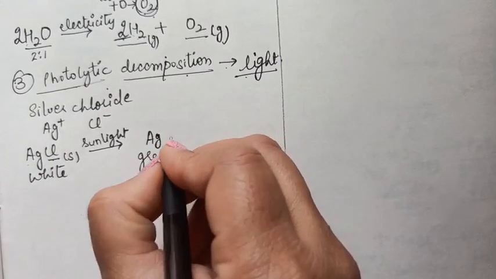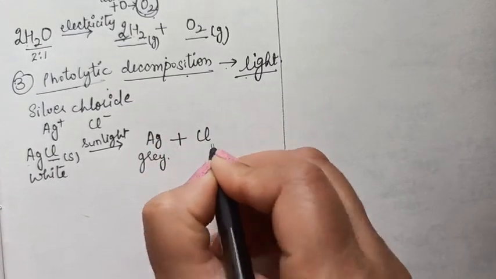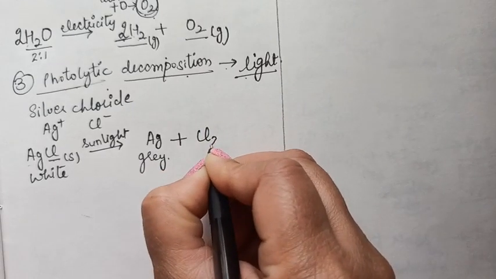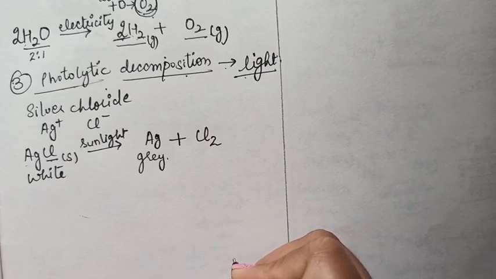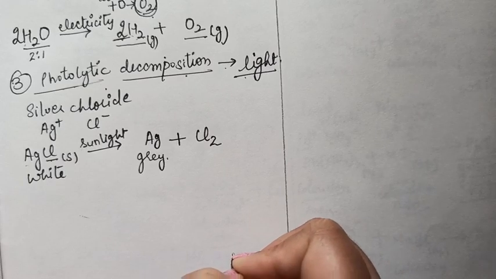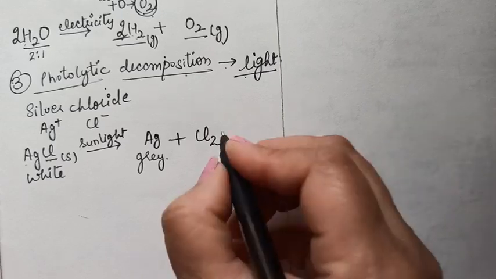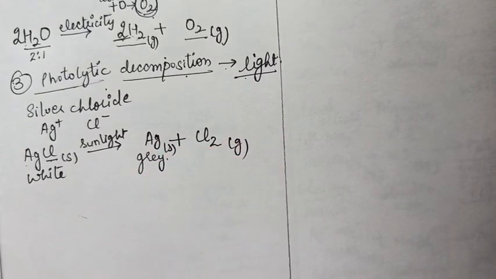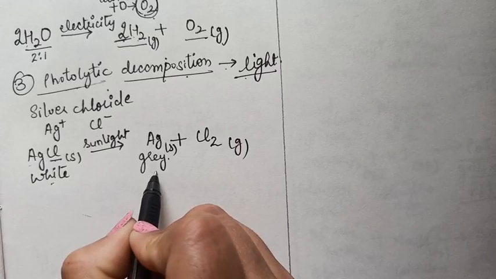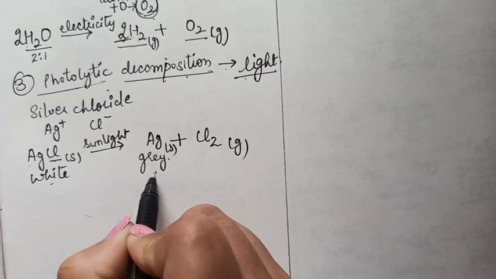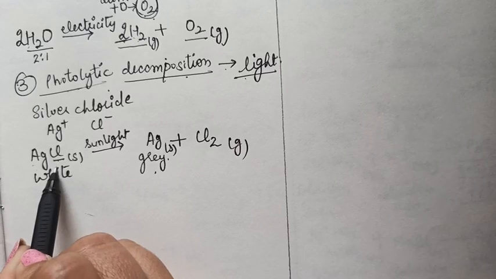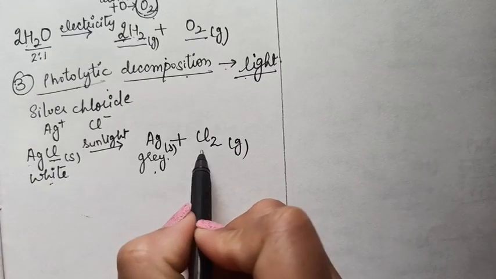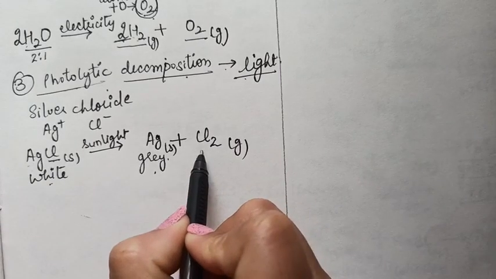Breakdown will happen and Cl will be released in the form of gas Cl2, because Cl does not exist in monoatomic form. It's a gas, it's a solid. From white it changes to grey. Okay, so we always store silver chloride in dark colored bottles. This question may be asked in the exam, so you will write this reaction or you can explain it in word form.